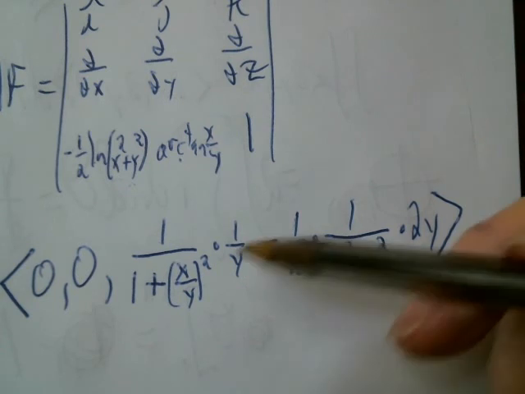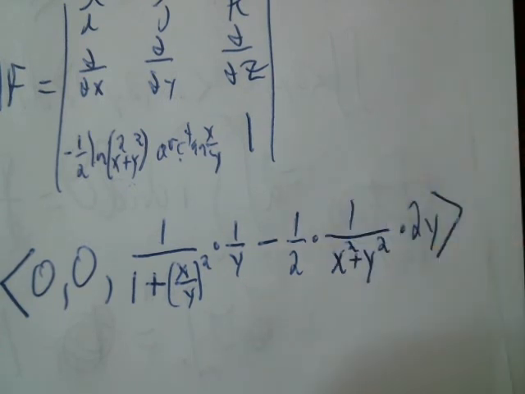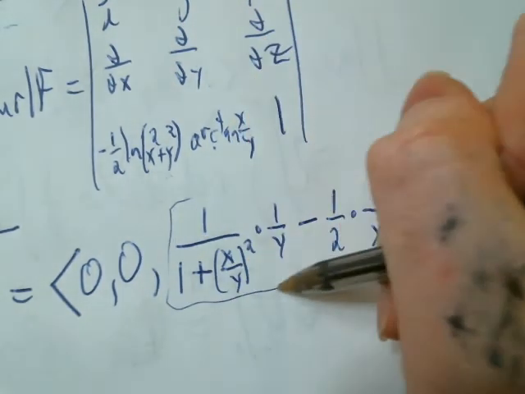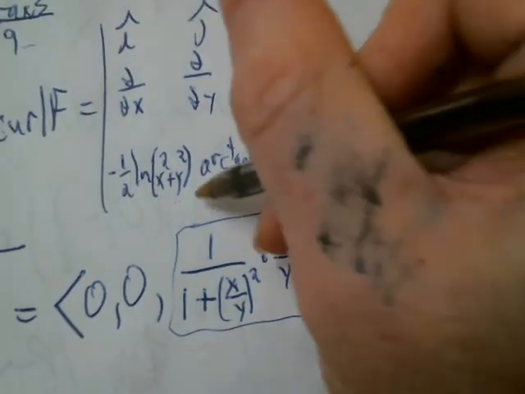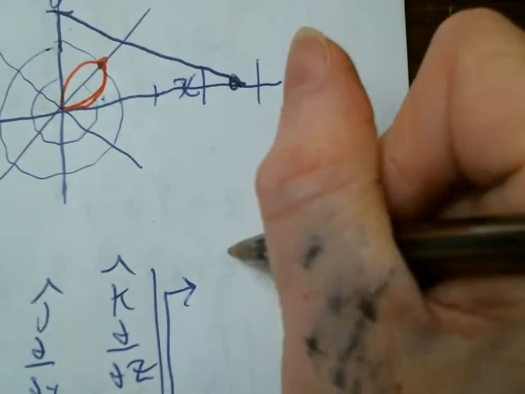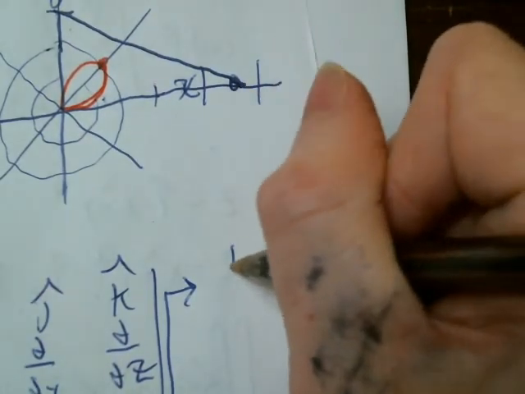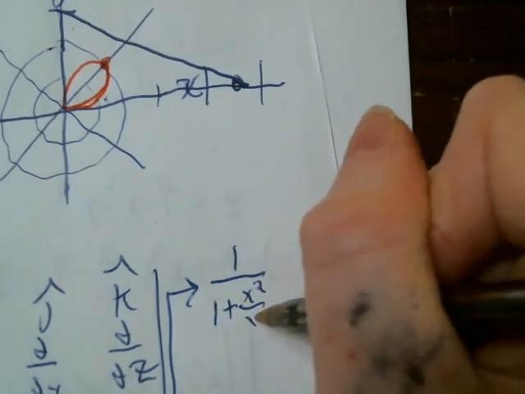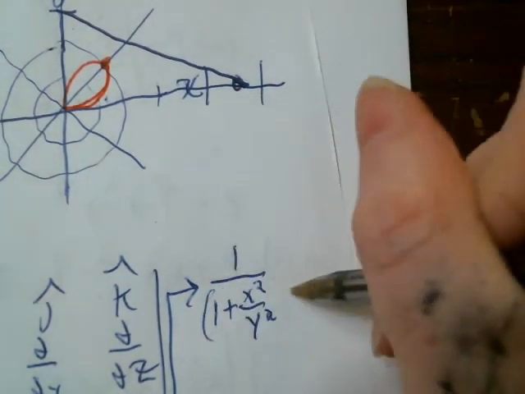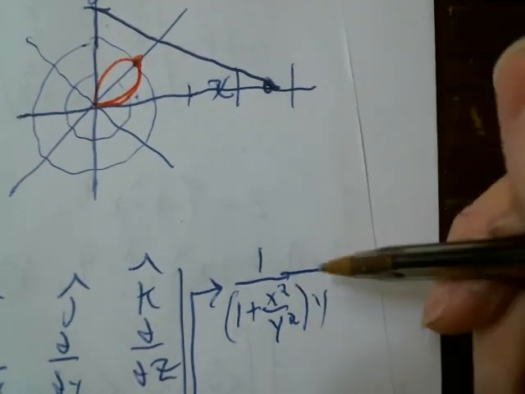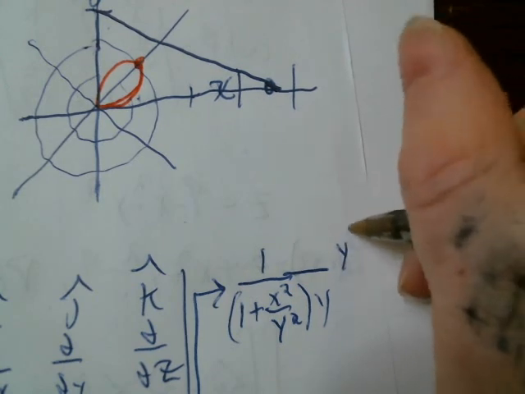Okay, this cleans up pretty well. In particular, I just want to take a quick peek at this guy and see what happens there. So what do I have? I have 1 all over 1 plus x squared over y squared times y. Okay? And what I'm going to do is multiply top and bottom by y squared.